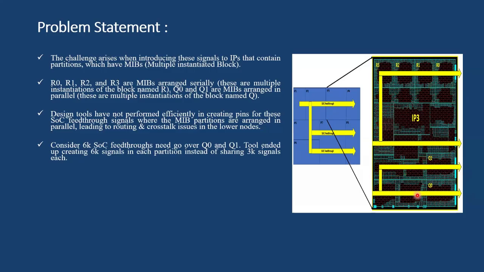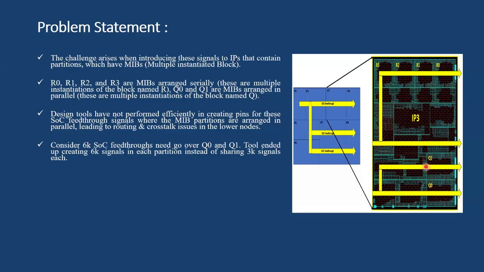But when the tool tries to do a port punch on these MIBs, it initially starts with the Q0 partition, where it creates 3K ports. Because Q1 is also an MIB, it creates similar 3K signals there. Then it creates an additional 3K signals in the Q1 partition, which again reflect in Q0 as well.